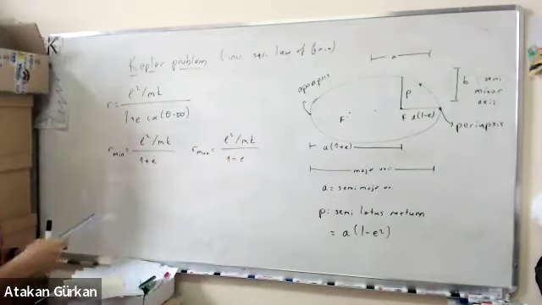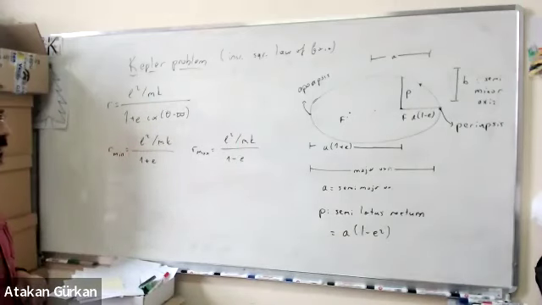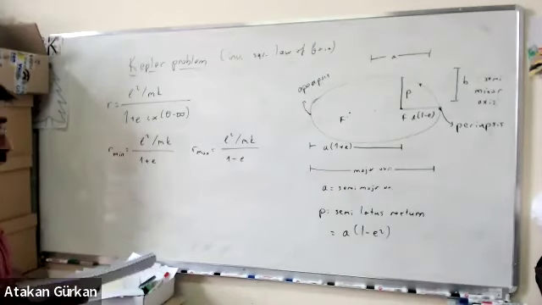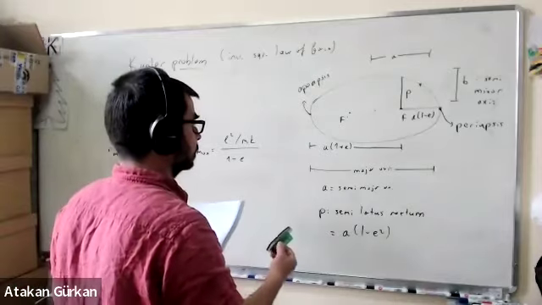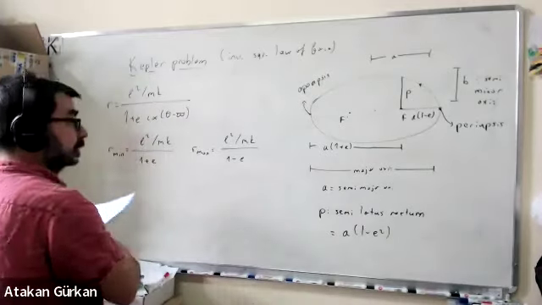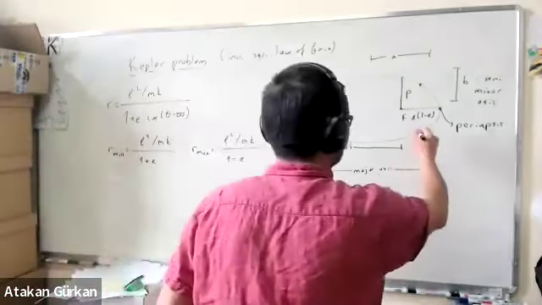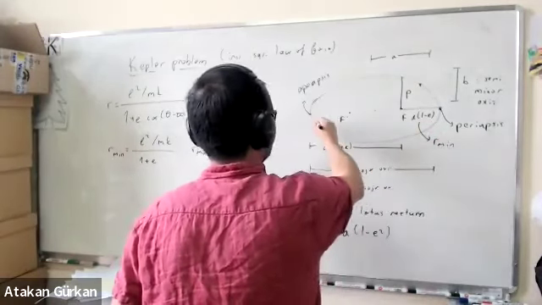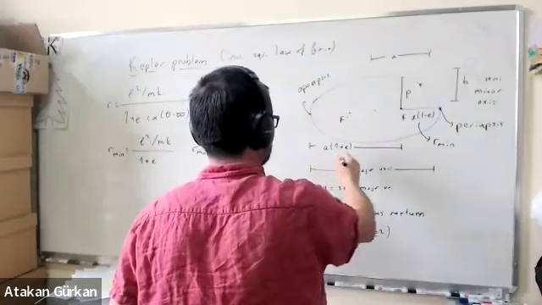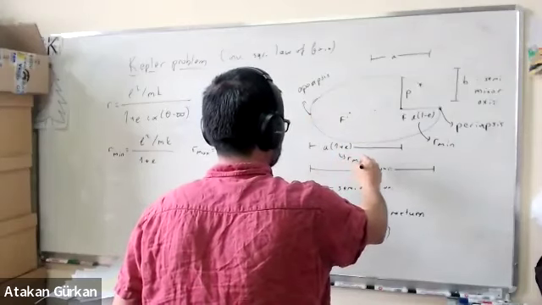Okay, so this is what I refer to as the periapsis and apoapsis distances. So A times 1 minus E, A times 1 plus E. Right. Now there's another way to get these, and it provides some nice properties. So let's say that this is R min, and this is R max.